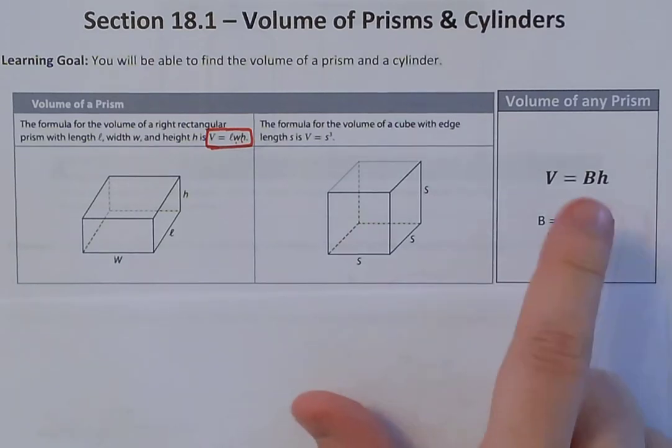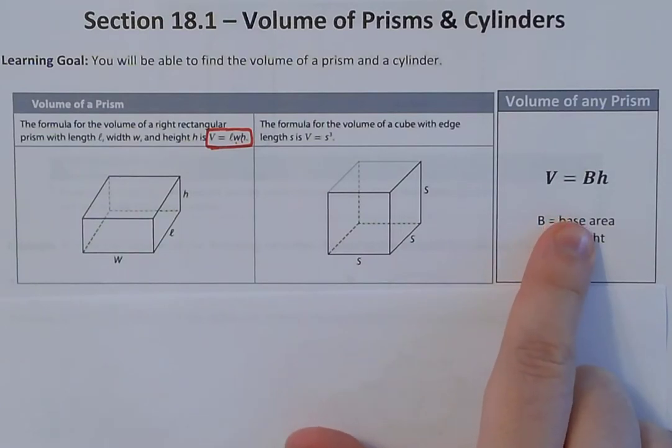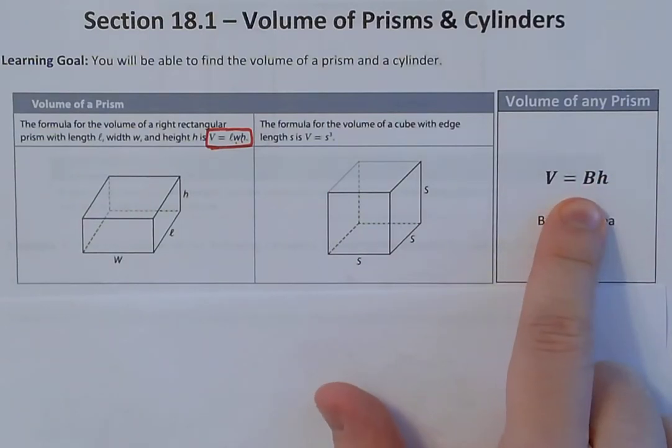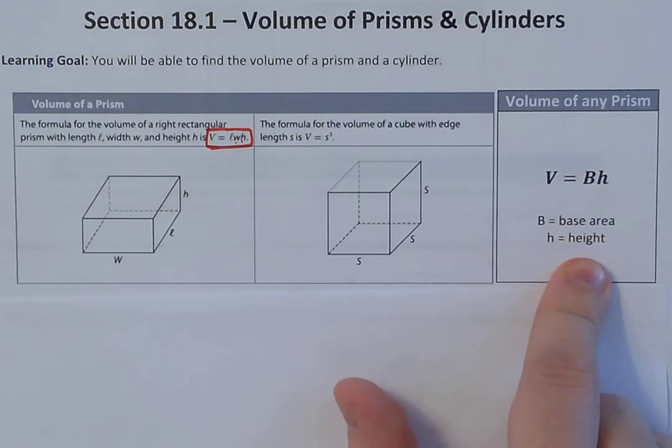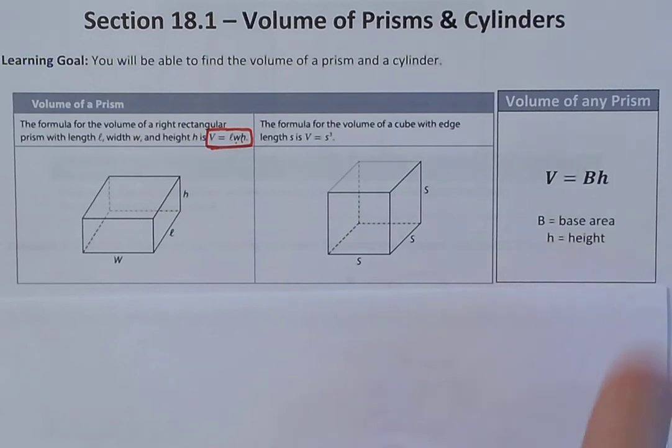Now, for the volume of any other prism, we want to use this V equals BH. In this, capital B is not going to stand for base, like we talk about with area, where it's base times height. Yet this capital B stands for base area. So we have to find the area of the base of the prism and then multiply it by the height of that prism.